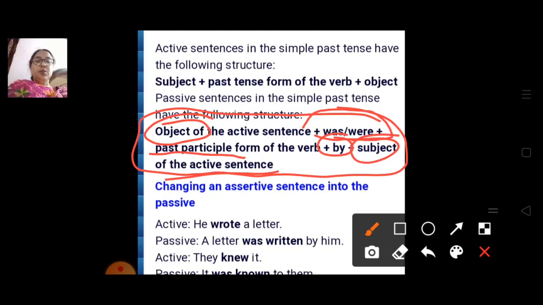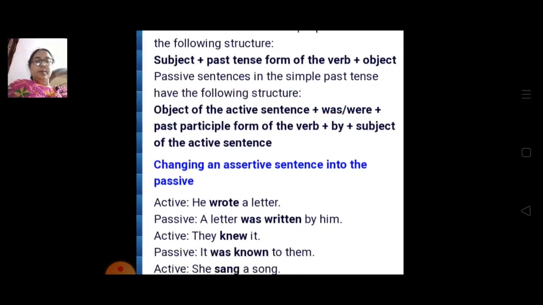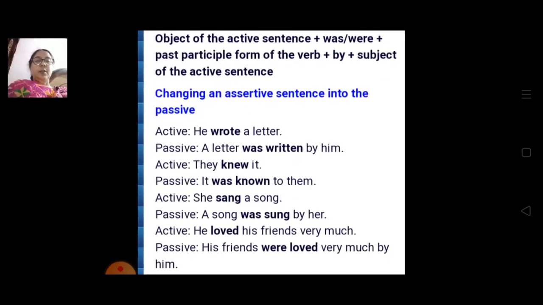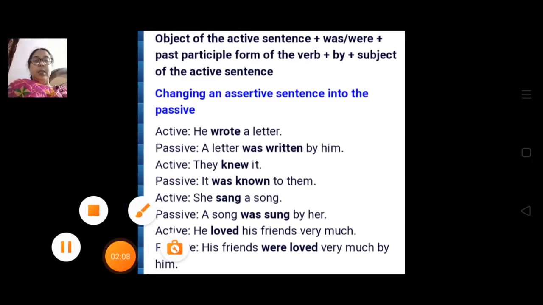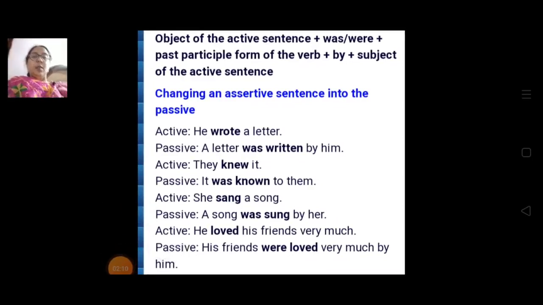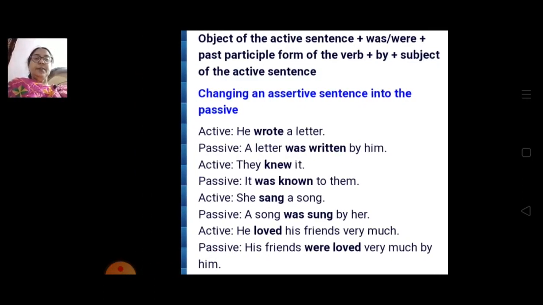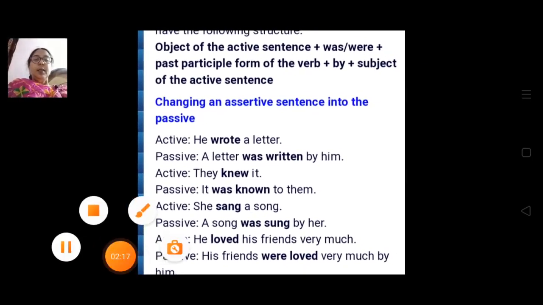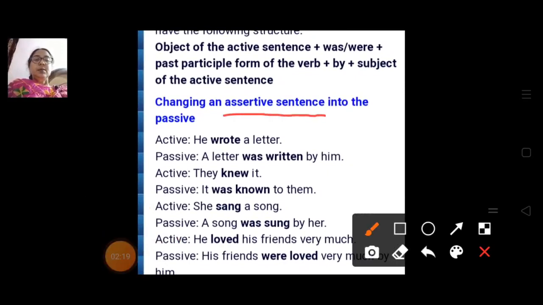Now we are going to learn how to change. First of all, just see in this picture, changing an assertive sentence. Assertive means affirmative sentence. Active, it is written over here: he wrote a letter. Now here you can see wrote is given over here, this is past tense.